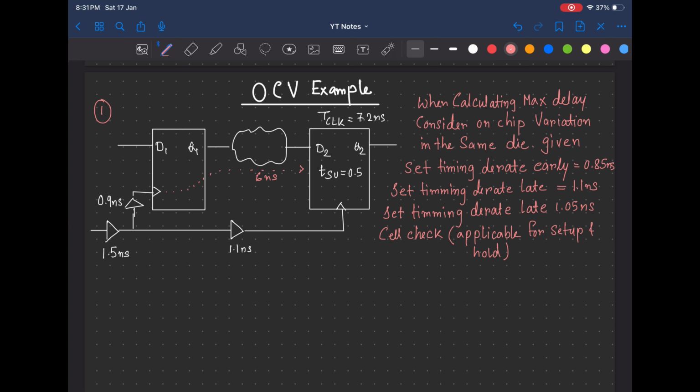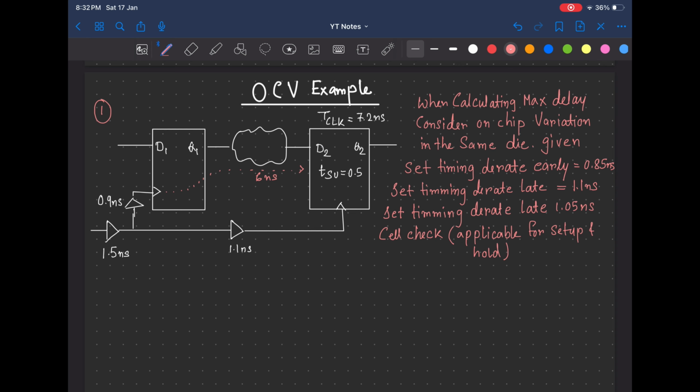So in this lecture, we will calculate the maximum and minimum timing analysis, that is setup and hold, with the OCV constant. We will calculate three things: one is without OCV, one with OCV, and one with OCV plus CPPR, that is common path pessimism removal.